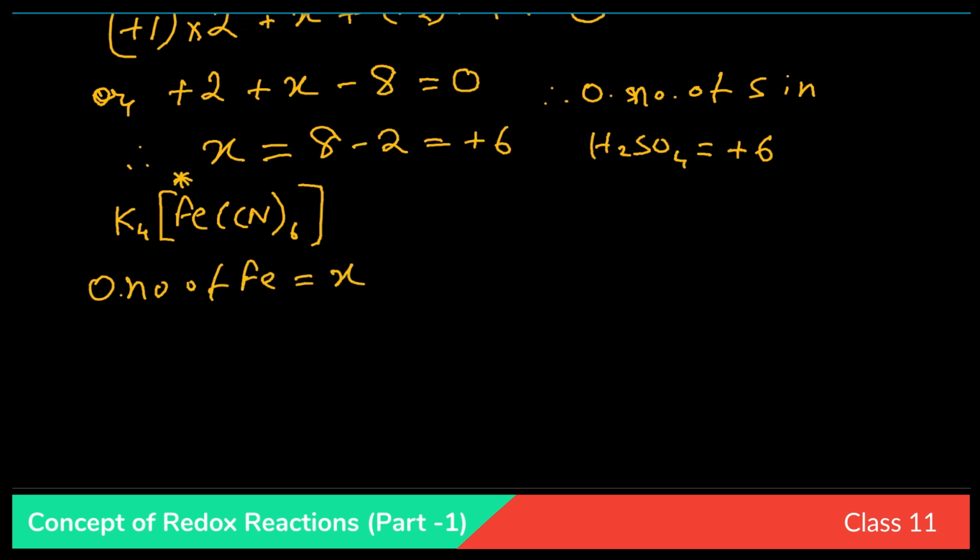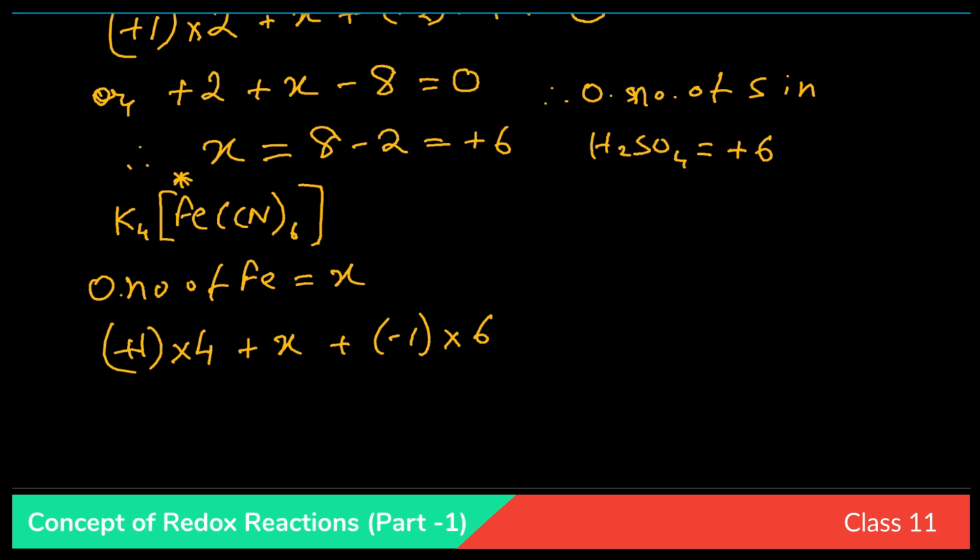Now K means it belongs to alkali metals, and from the rule we know that alkali metals will have oxidation number plus 1. So plus 1 into how many K atoms are present? 4. So plus 1 into 4 plus x, that is for iron we have considered it as x, plus for cyanide we have discussed its oxidation number is minus 1, and total number of cyanide ions present is equal to 6.